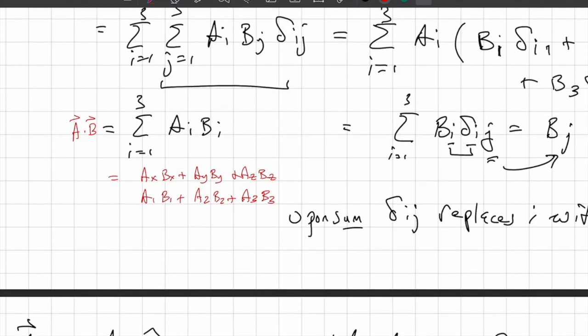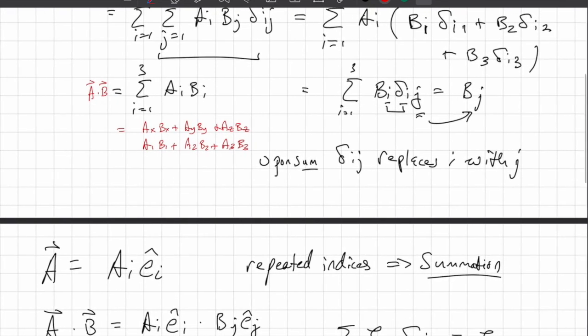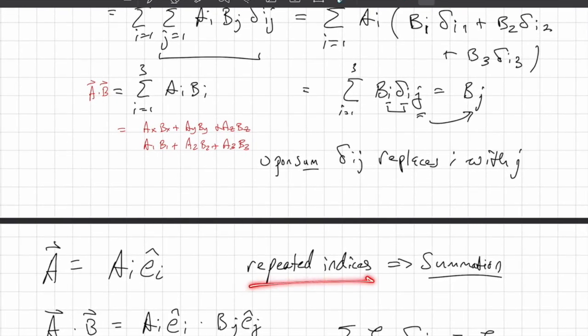All right, so what Einstein realized was that every time you do these vector sums, anytime you had a repeated index, it was accompanied by having a summation. So he realized that repeated indices only happen when you have sums.